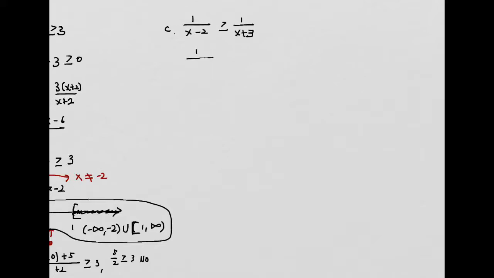So we'll have 1 over x minus 2 minus 1 over x plus 3 is greater than or equal to 0. Once you make one side equal to 0, then you want to simplify the left side, which means you want to make it one fraction. So let's do the subtraction.